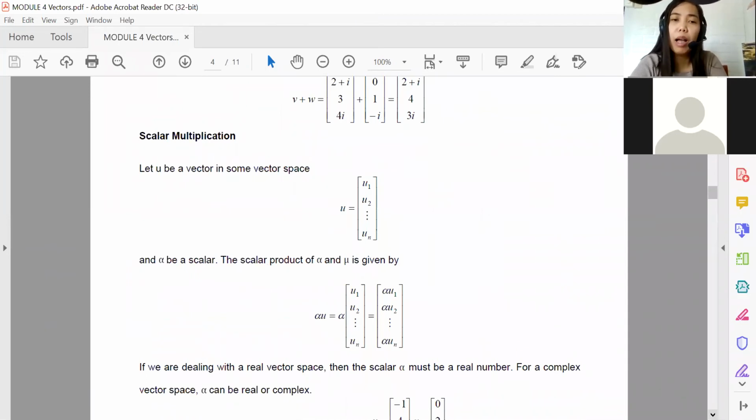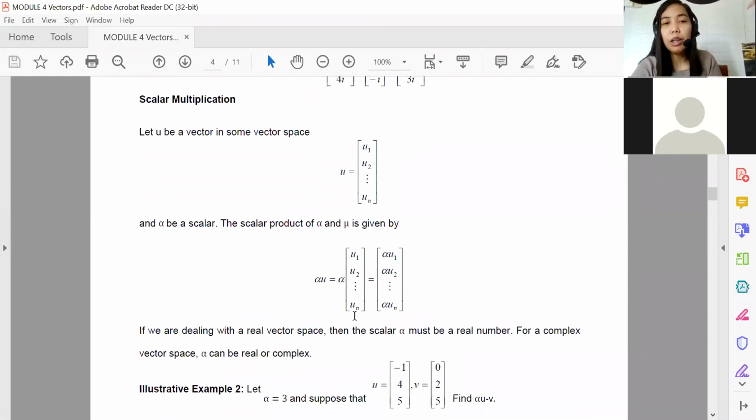We will just multiply the given scalar in each element. So we're going to multiply the scalar by u sub 1, alpha u sub 1, then alpha u sub 2, up to alpha u sub n. So you will just multiply the scalar in each element.